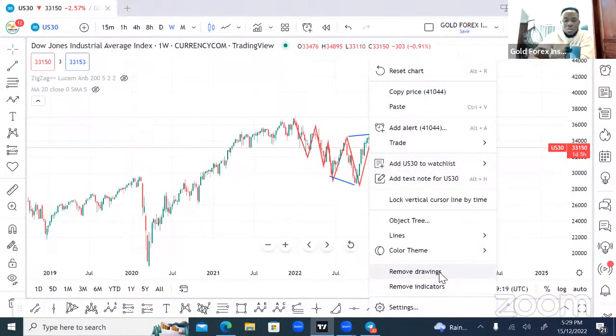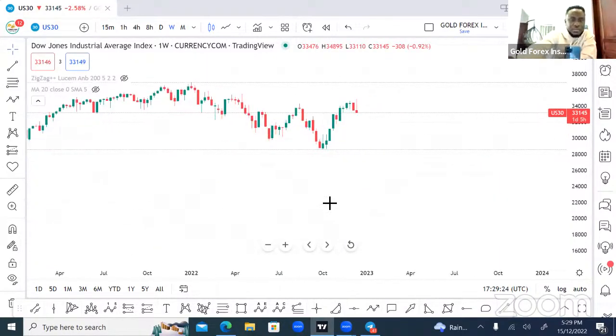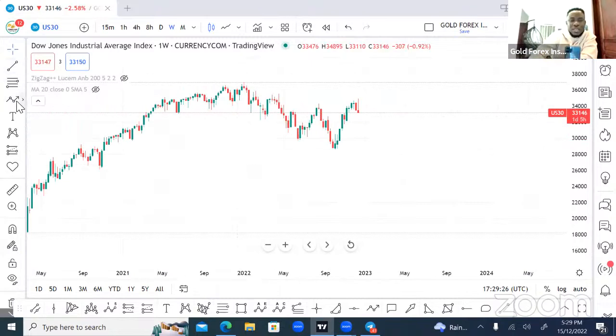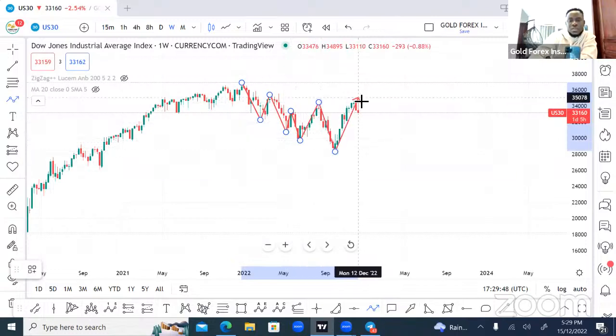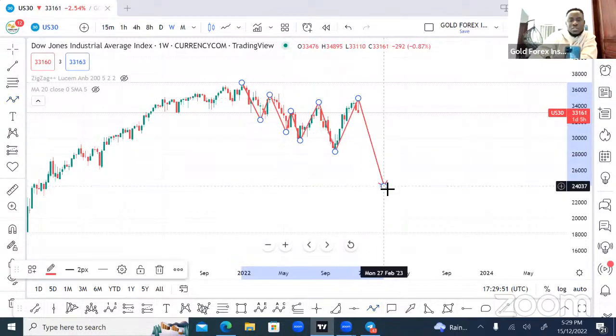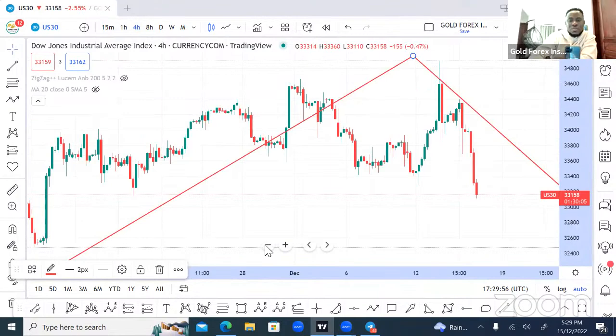So let's look at what pattern will form. I'm thinking that it should form an A, B, then there is C, D, E here, and A, B, C. So let me look at the lower time frame and see whether we will have the pattern to be clear.